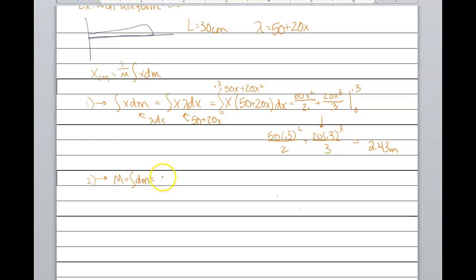Okay, so we're going to do integral of lambda dx. Then we're going to sub in lambda. So you can see it's all the same, just with one fewer x. Okay, so when I integrate that from 0 to 0.3, I get 50x plus 20, essentially 10x squared.